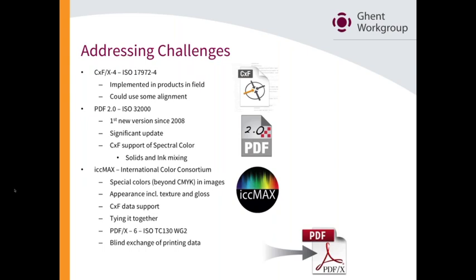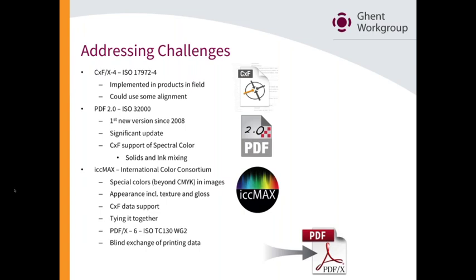And then the ICC has been working on ICC Max, which is a way to go beyond CMYK and images and deal with appearance issues, including texture and gloss, using some CXF data support, etc. These three things and the new PDF/X, which will be PDF/X-6, will begin to really wrap up a lot of the open issues that we found when we started looking at packaging for prepress.